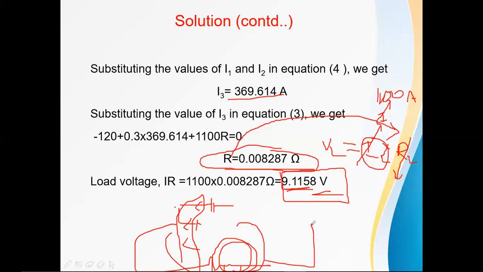You need to mention all the numerical values instead of mentioning I3, R and I1, I2 like that. Instead of your assumed parameters, you need to mention the resulting parameters on that circuit itself. I want you guys to redraw the circuit for every problem at the end of your solution, right? Let me move to the next problem.